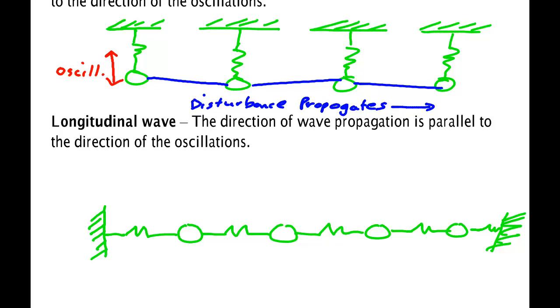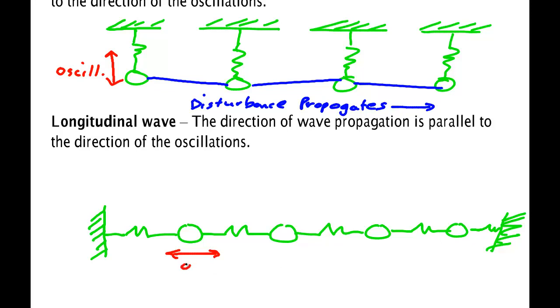So if I disturb this oscillator in this direction, as this oscillator goes back and forth, he's going to pull on this spring, which is attached to the second oscillator. This will cause this oscillator to start to move, but that will pull the spring of this oscillator, which will make this oscillator move back and forth, which will pull this spring, which will cause this oscillator to move.